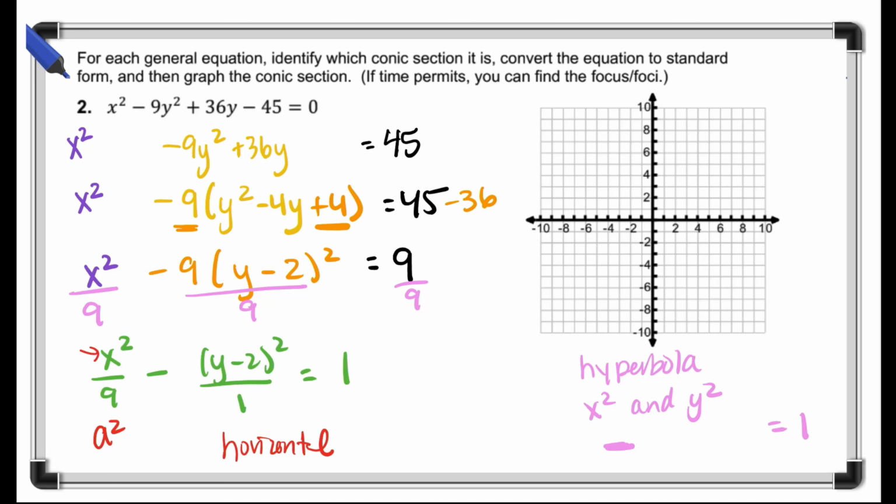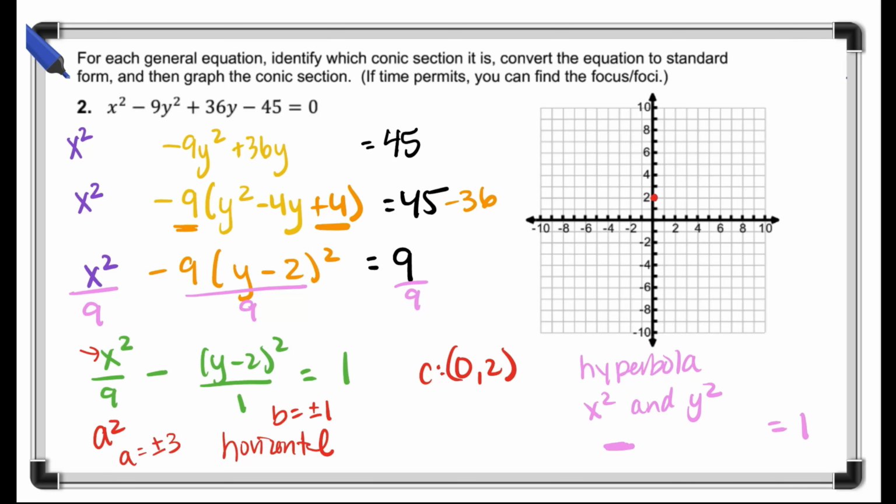Now, you do have a center that is at 0, positive 2. Your a value is going to be plus or minus 3, and then your b value is going to be plus or minus 1. Now, let's go ahead and plot what we know.